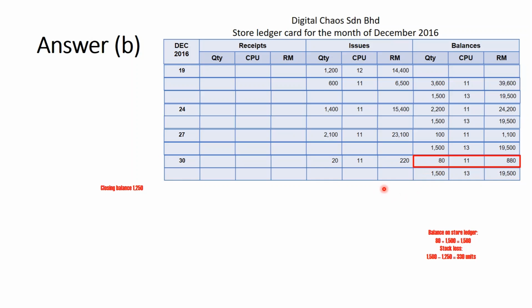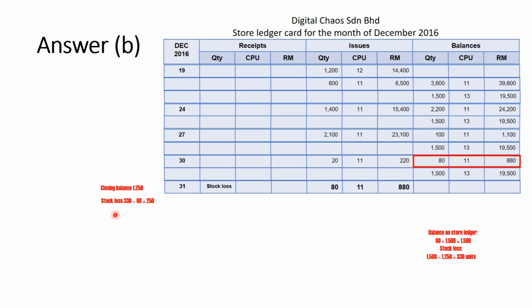So stock loss, we must treat as a stock out at the issue column. So we must issue all the batch of the stock, which is 80 units at RM11. 80 units RM11 at the issue column, but stock loss is 330, so we need another balance of 250, which we have to take from the next batch.